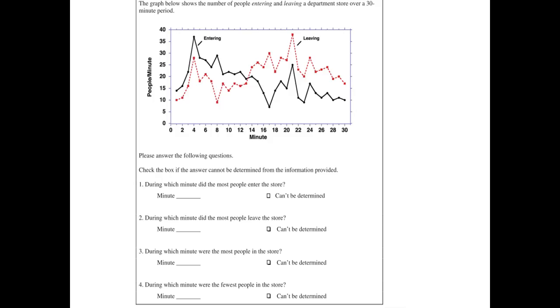Where they cross here. Because all through this period, what's going on? All through this period up to about minute 13 and a half or so, what's going on? The stock is rising. We have more people coming in than leaving. So the net flow is positive, which means the stock is rising, right?